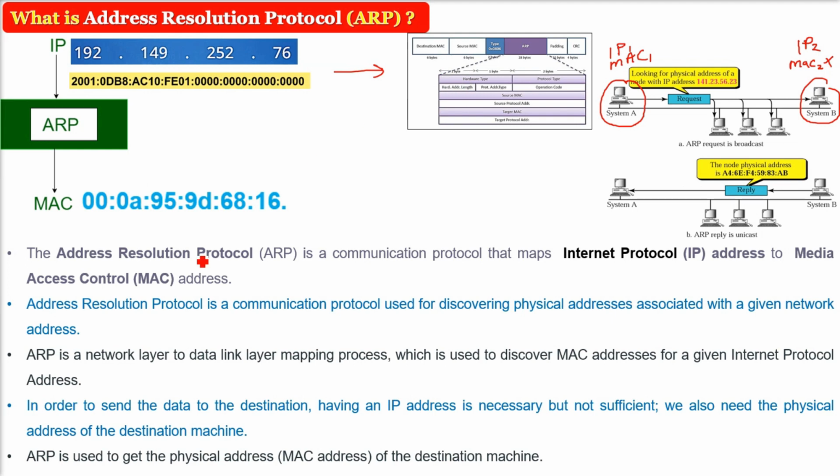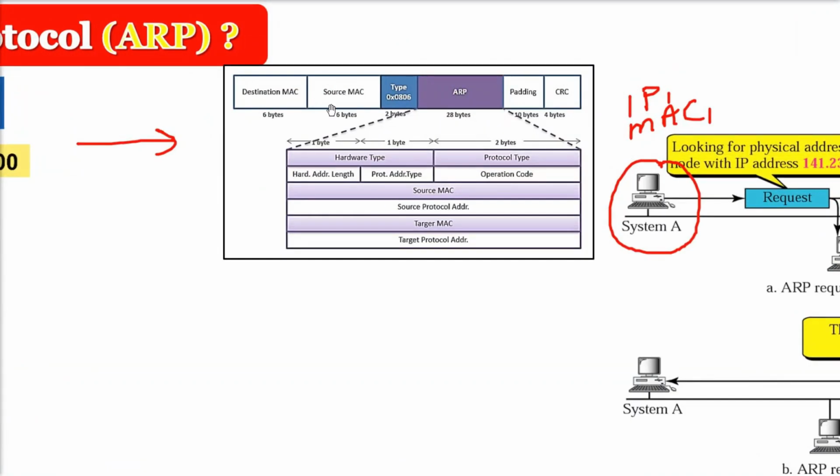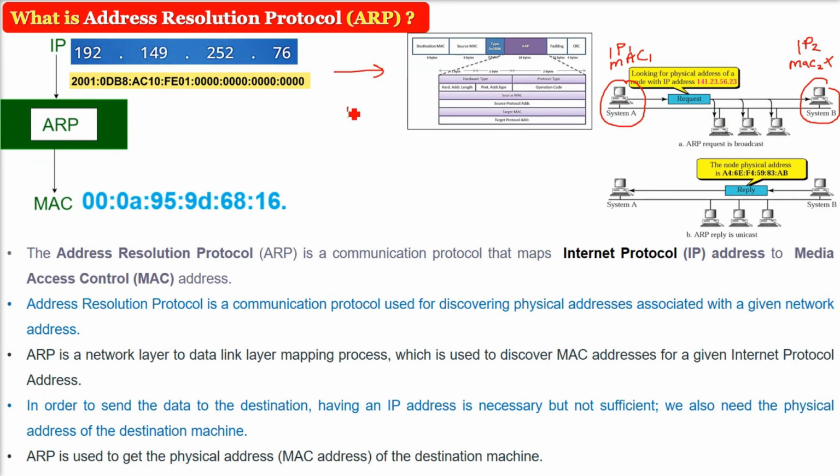So an ARP packet will be formed, and the format will be something like this. There are certain parameters in the format, but the main thing you need to know is that the first ARP discovery message will go, and it will contain the MAC address of system B, but you don't know it. So you have to write something.